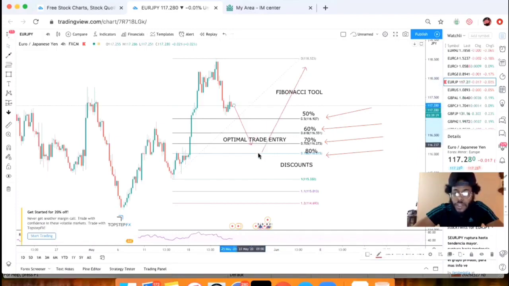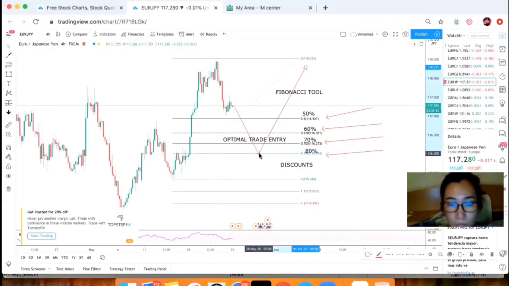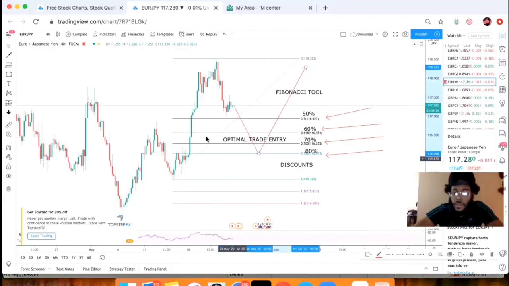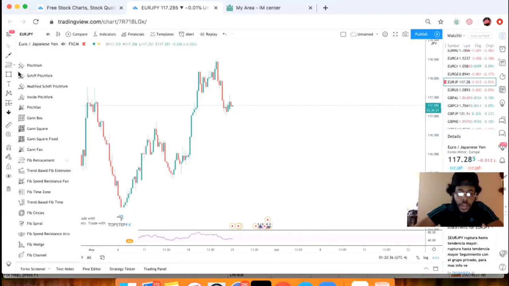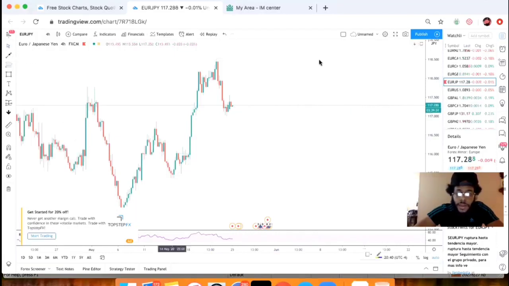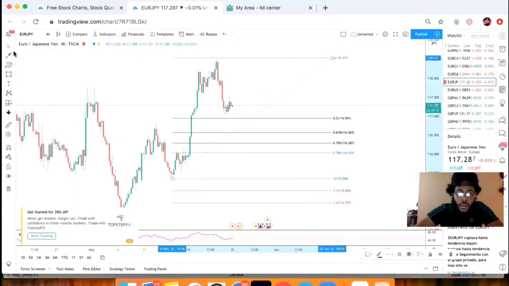If you find the same shoes that you love for 80% off, you're definitely gonna buy it. And that's what the Fibonacci lets us do. It lets us measure where price is gonna come to, where it is going to find that discounted area where it can do something like this.